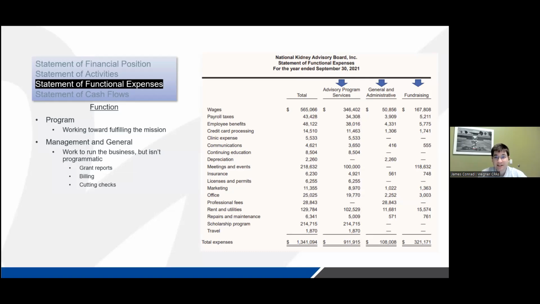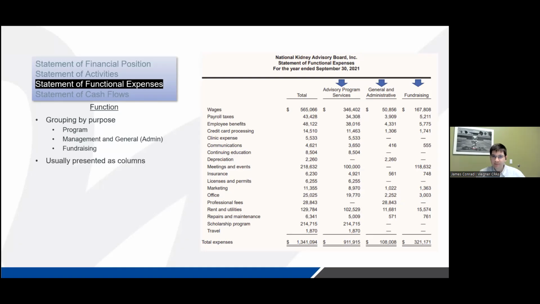It's all stuff that needs to be done, but it doesn't exactly one-to-one correlate with the program. And then you have your fundraising expenses. So that could be your general solicitation if you have mailers, or event-based if you're putting specific programming together for a gala. Capital campaign mailers and going out and soliciting, that's a perfect example of a fundraising expense.